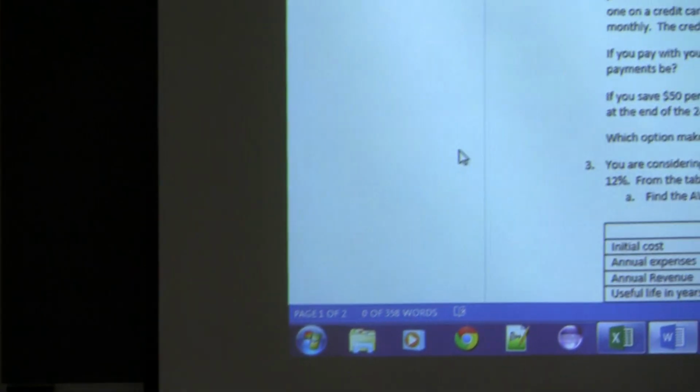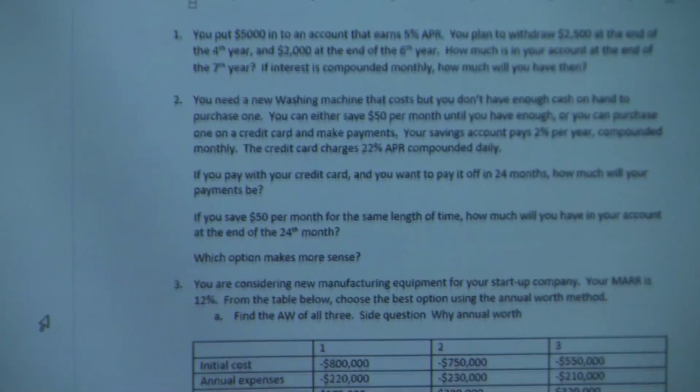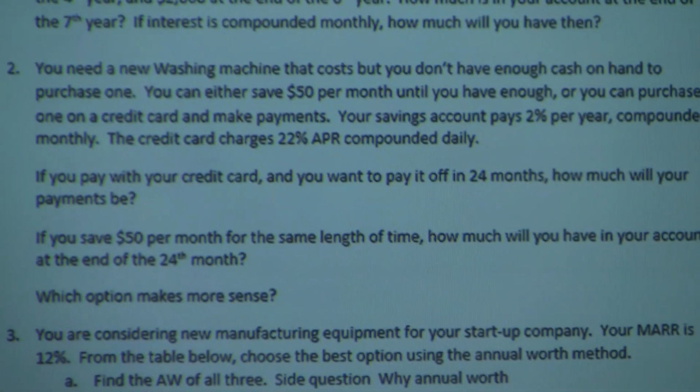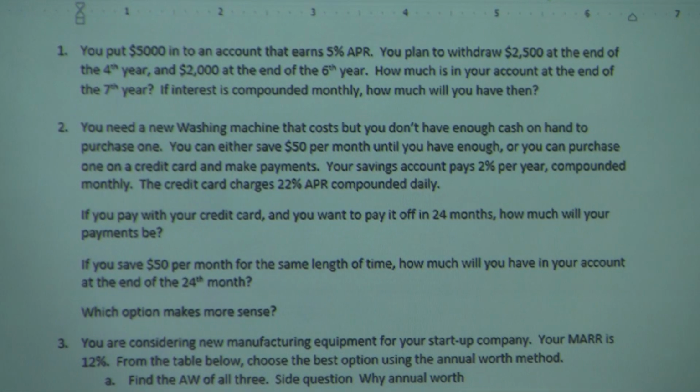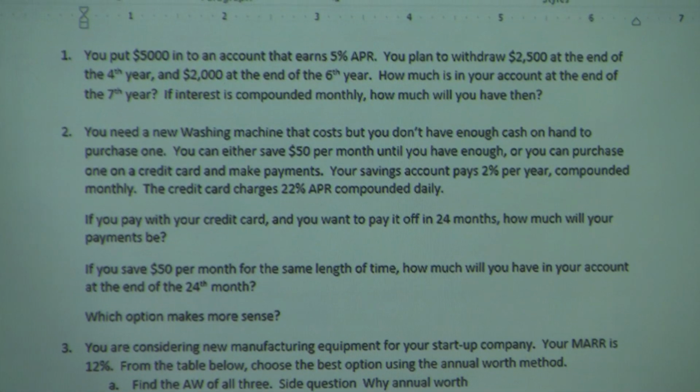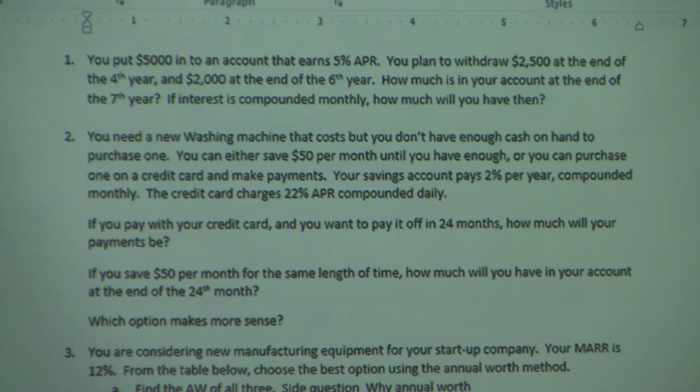All right, so the second one is similar in nature. Almost identical, quite frankly. I threw the washing machine in there just to give some item that you need to purchase. But honestly, it applies to absolutely anything. You're either going to finance something over time, or you're going to save over time.